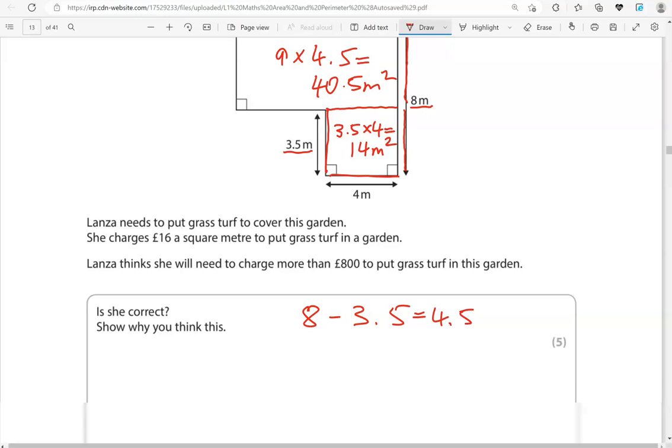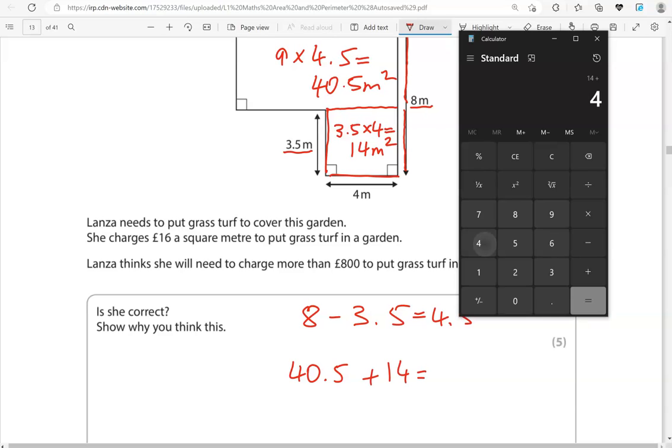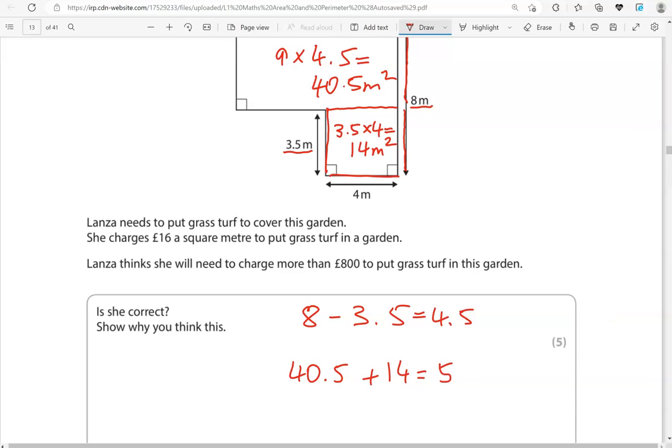So in total, this will be 40.5 plus 14, which is 54.5 square meters.